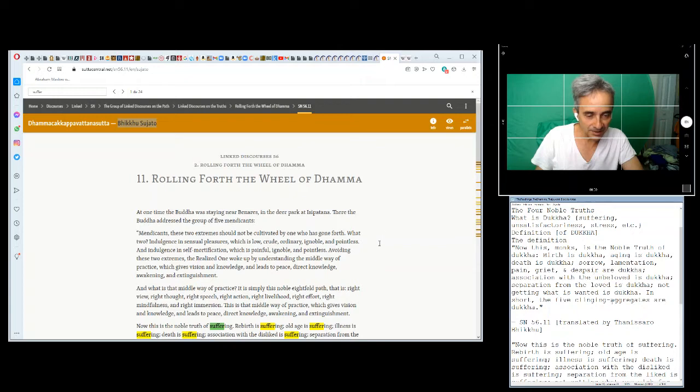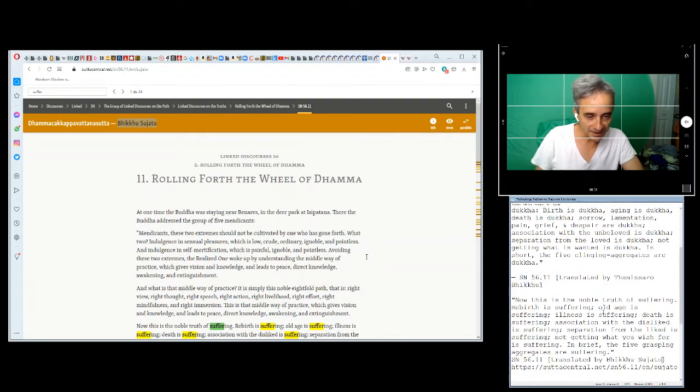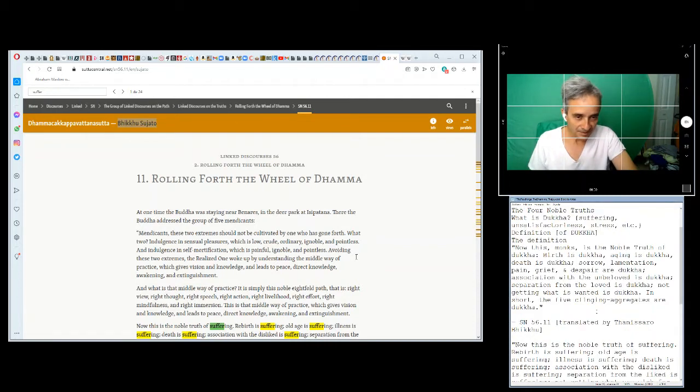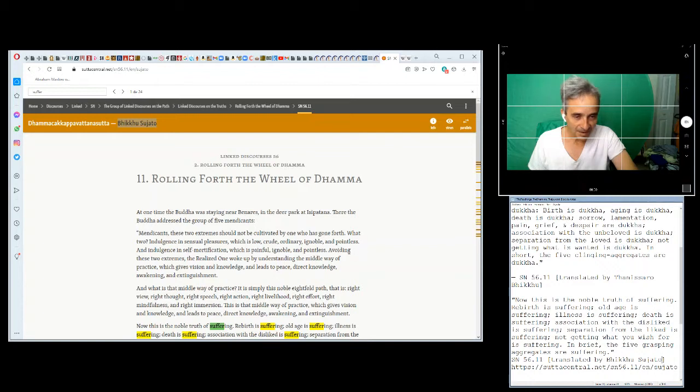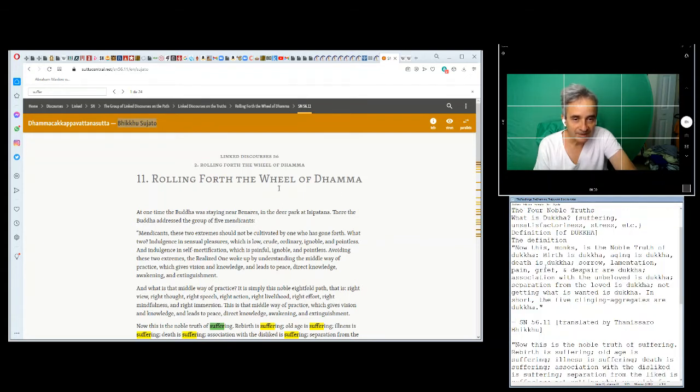But this translator chose to translate it as birth, denying the concept of rebirth that the Buddha was pointing to.